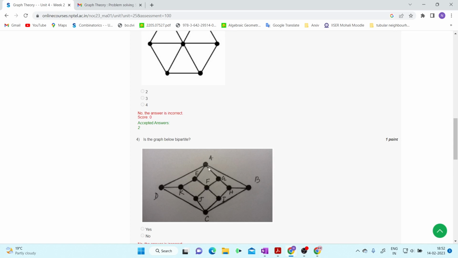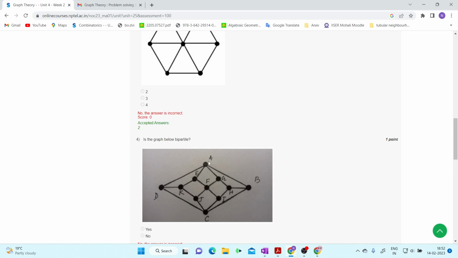First, you check if you can visibly see any odd cycle. If you can see an odd cycle, then you can directly say that this graph is not bipartite. But suppose you are not able to find an odd cycle, then you try to construct the bipartition.